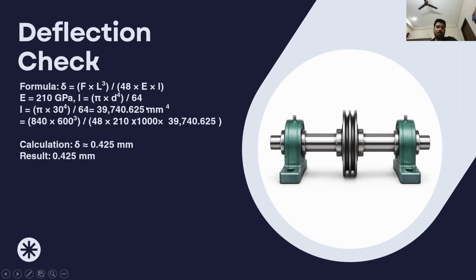I will again emphasize the units, so be very vigilant while solving engineering problems. Be very vigilant with the units, because in unit conversion, most people make mistakes. After calculating delta, we will get 0.425, and this is under limits.